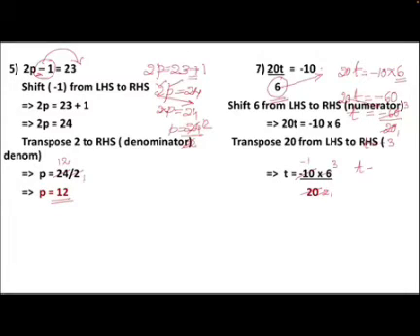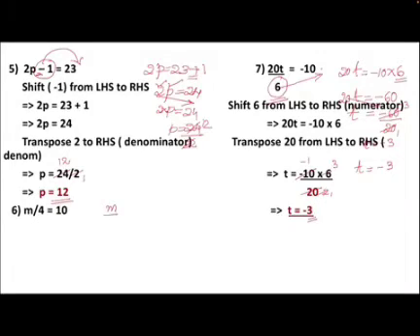So t equals minus 1 into 3 is minus 3. Okay. So t equals minus 3. Now look at this example.